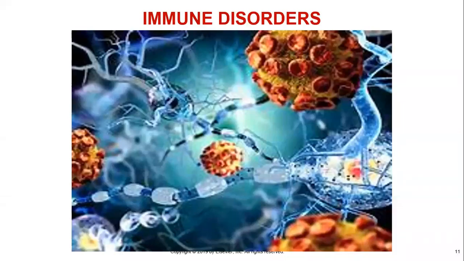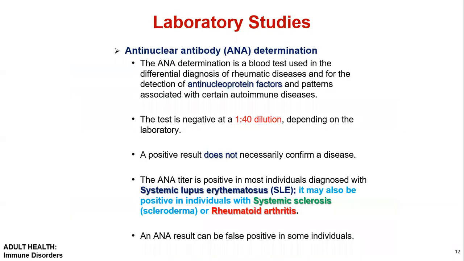Now I'm going to talk about the laboratory studies about the immunological disorder. First one is called anti-nuclear antibody test. So ANA shortly called.